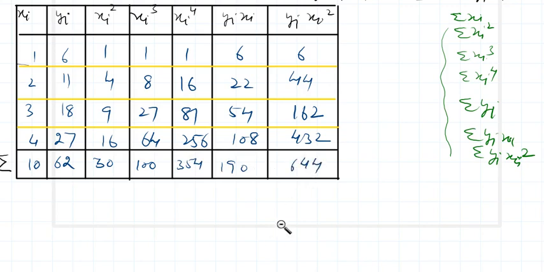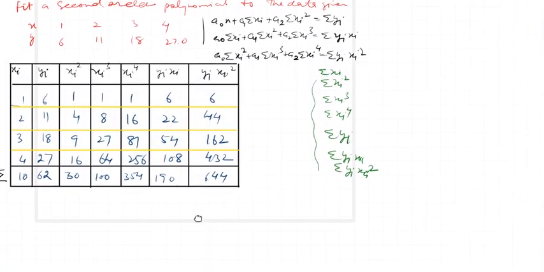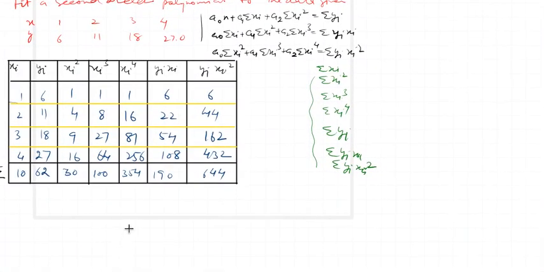That's what I am getting here. So if I put all these values in this equation, then, because there are 4 values in all, n will be 4.